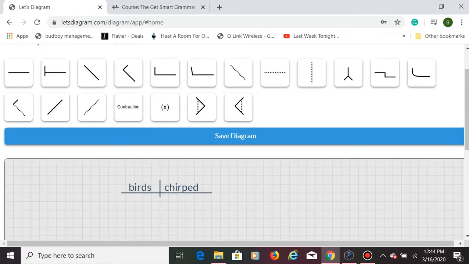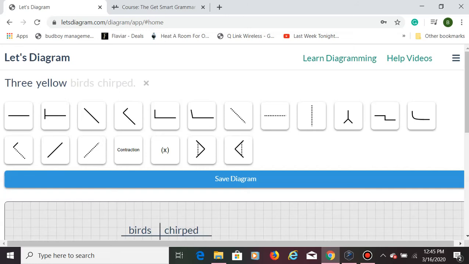Good. Now, do you remember where adjectives go? Remember that adjectives modify nouns or pronouns. They add description to things. So, if our subject is birds, and remember that a noun job is being a subject.